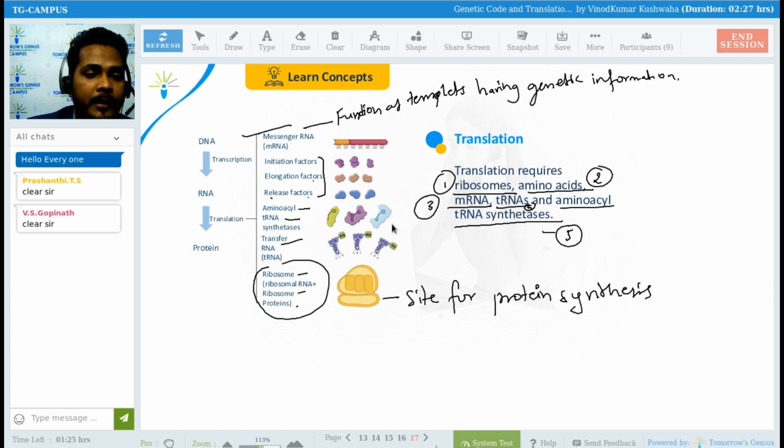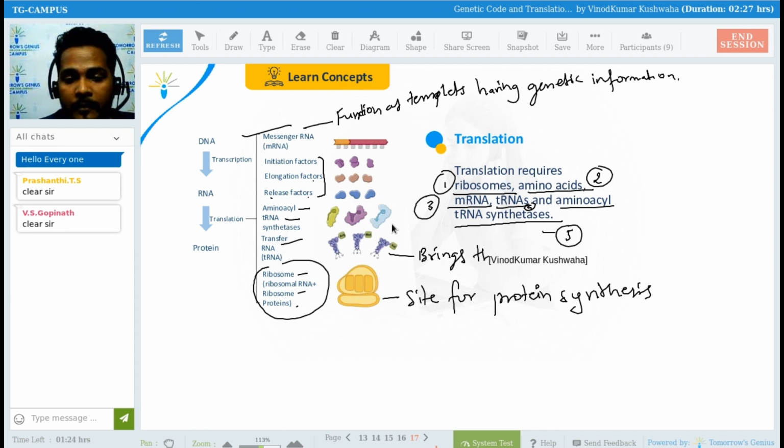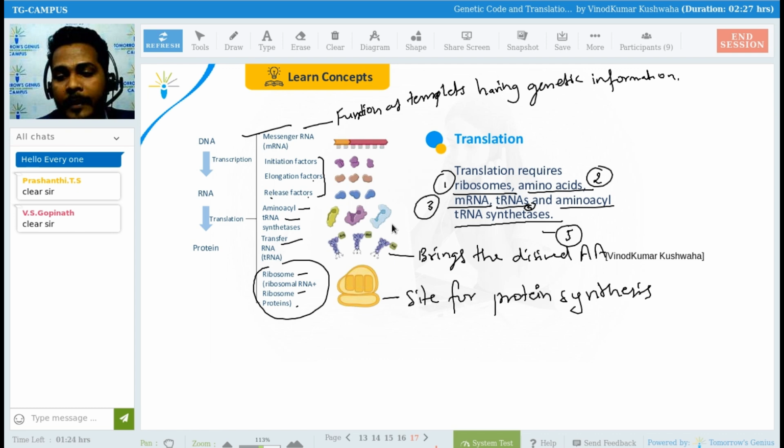Then tRNA. Why do we require tRNA in translation? What is the function of tRNA? tRNA brings the desired amino acid. Let me write here: tRNA brings the desired amino acid. Can I write AA? It is very clear. What is AA? It's amino acid.